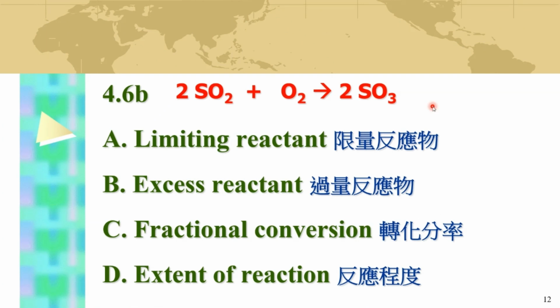So let's move to a more college level of the study. Okay. So 4.6b, based on this equation, we want to know which reactant is the limiting reactant and which reactant is the excess reactant. So we have these 4 topics in section 4.6b.